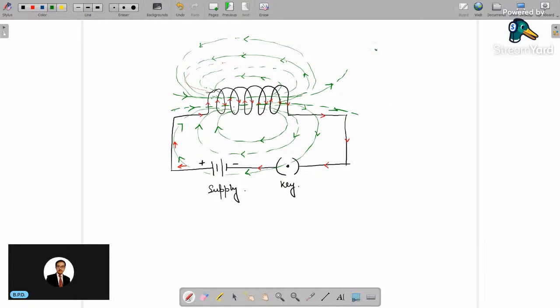So a closely wrapped conductor forming a cylinder shape is called what?